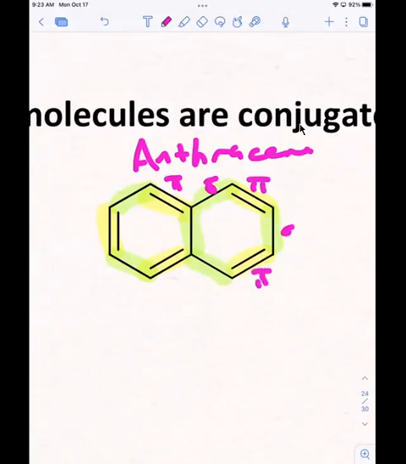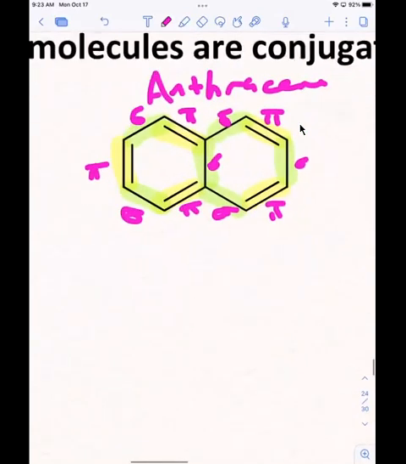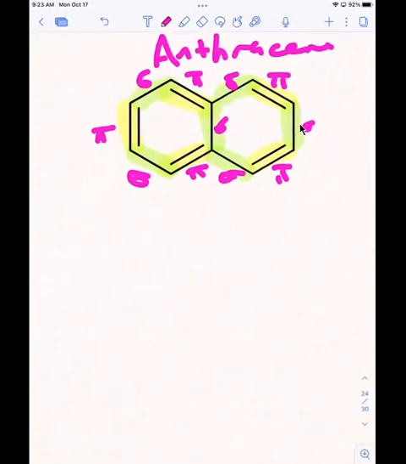If you look all the way around this molecule, you can see that pi sigma pi pattern everywhere. Also, anthracene is another example of something that is fully conjugated.